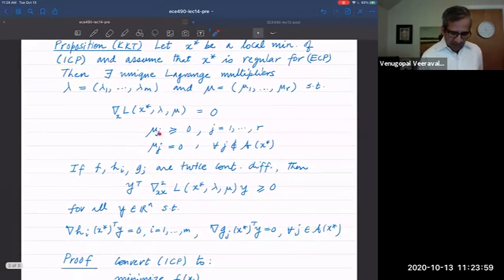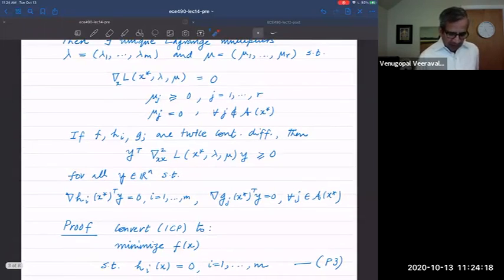And mu j is greater than or equal to 0 for all j, and mu j is equal to 0 for the inactive constraints, so they don't really matter. All that's captured in this result.